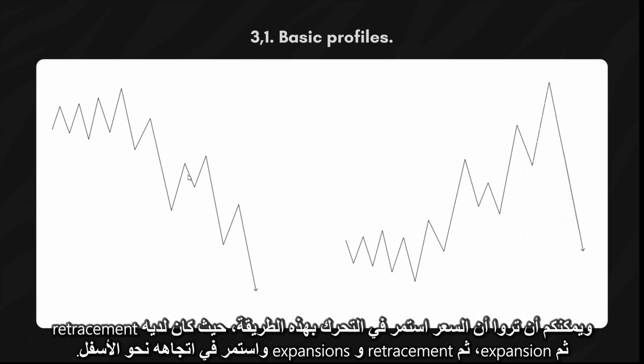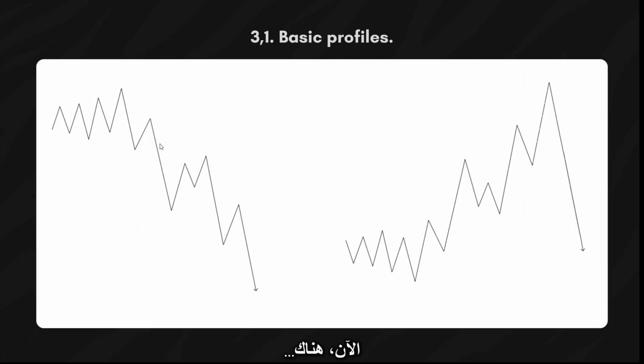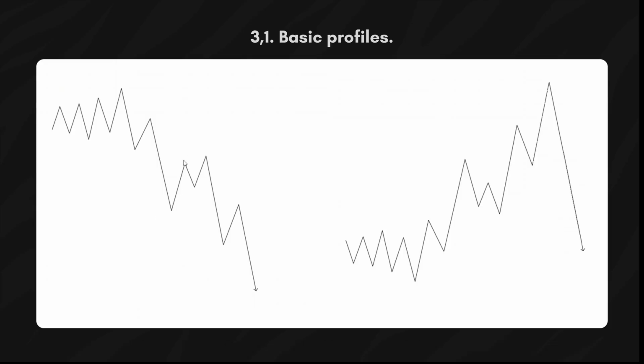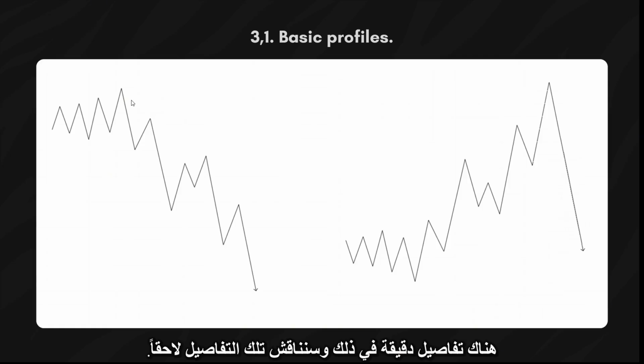Okay, and you can see price continued moving in that fashion, having retracements and then expansion, then retracement, then expansions, and it continued towards the downside. Now there is nuance into why price forms these retracements, or rejects above a high, or retraces until here but not here.